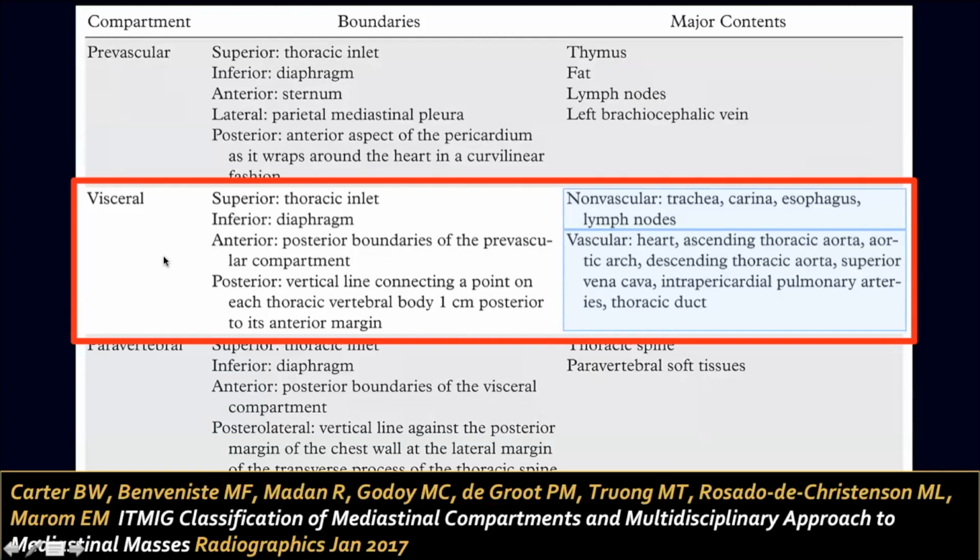And for that classification, the visceral mediastinal compartment is superiorly bound by the thoracic inlet, inferiorly by the diaphragm. Anteriorly, you have the boundaries of the prevascular compartment, and posteriorly, you can draw a vertical line connecting a point on each thoracic vertebral body approximately 1 centimeter posterior to its anterior margin, and then you'll have the posterior boundary.